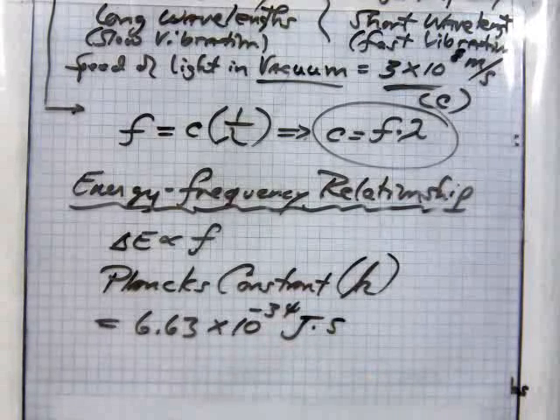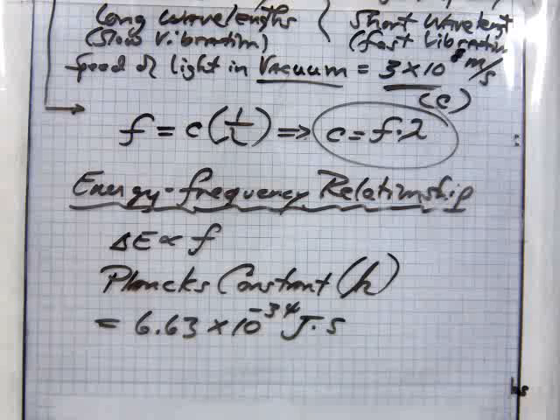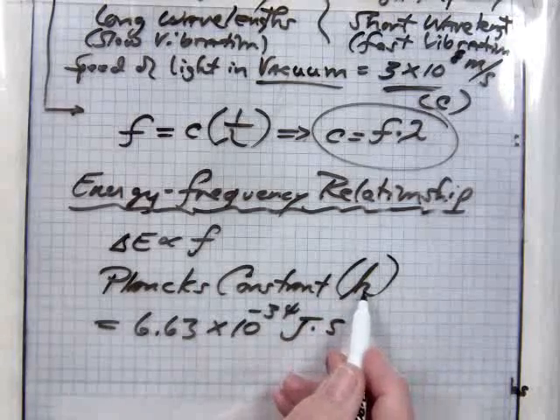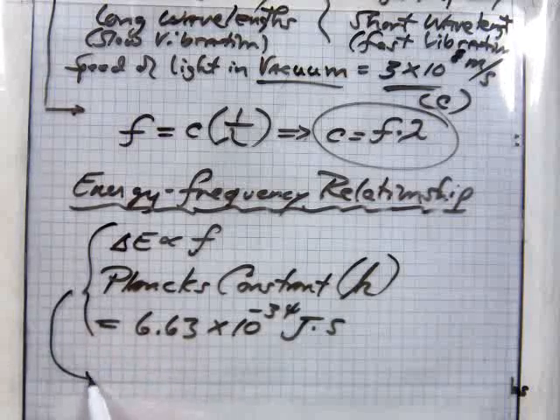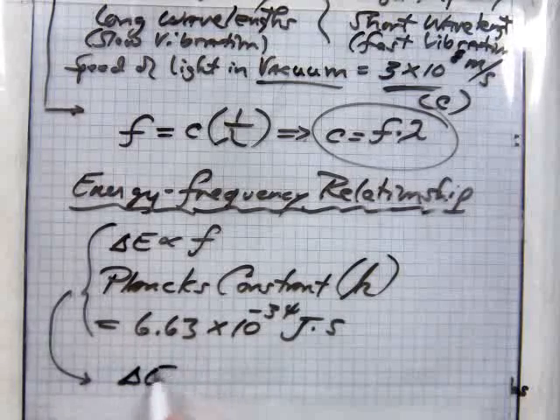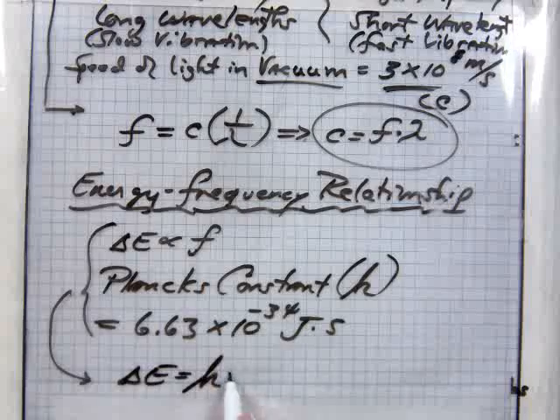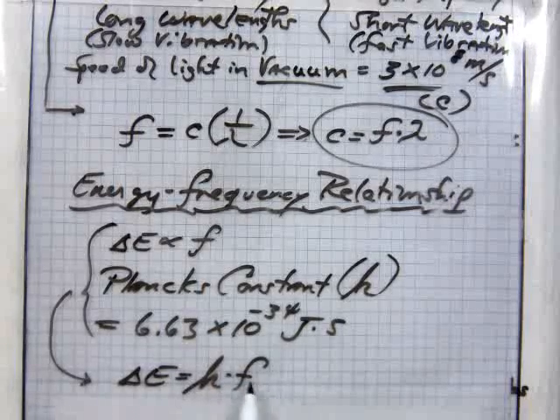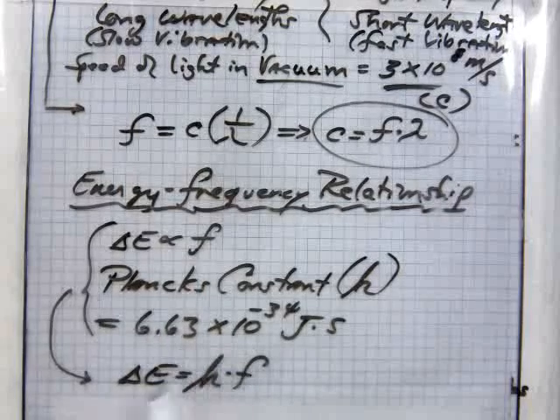That will be posted on your reference sheet at the end of the test. This is your proportionality constant. So when we combine these two, we have the second equation of our wave equations: delta E equals h times the frequency. So you're given a frequency, times this number gives you the energy in joules.